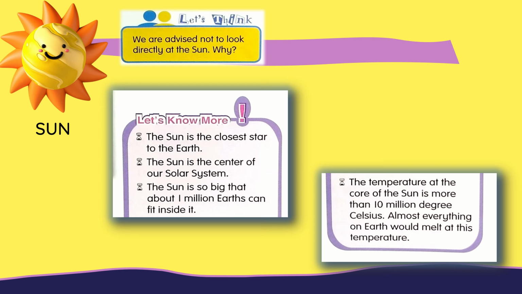So we can get 1 million Earths inside the sun. We can put 1 million Earths inside the sun. How big is that? And the temperature at the core of the sun is more than 10 million, like what I say, it is 15 million degrees Celsius.